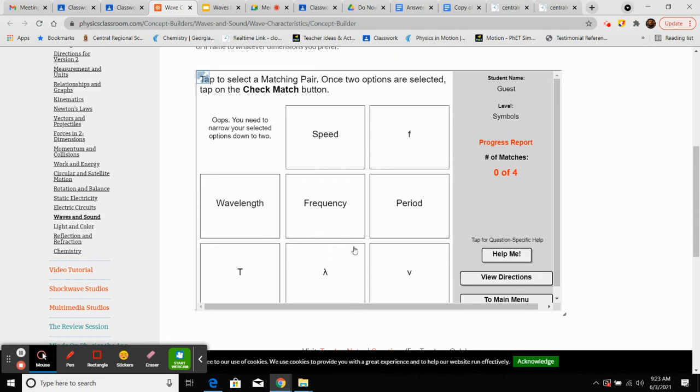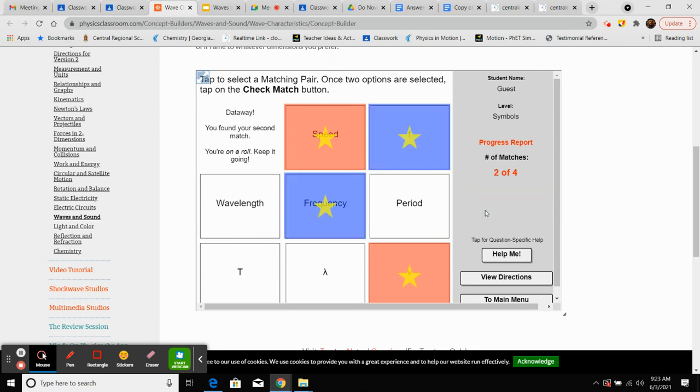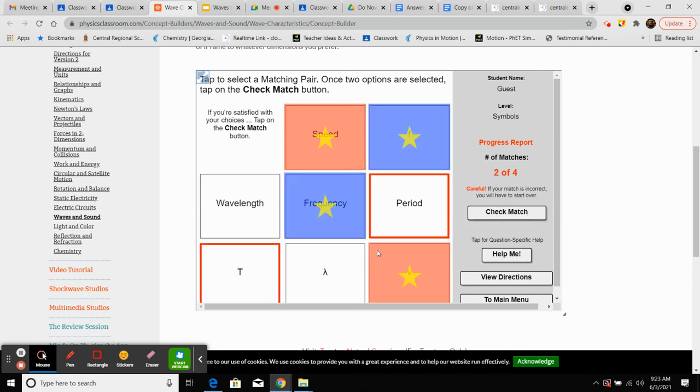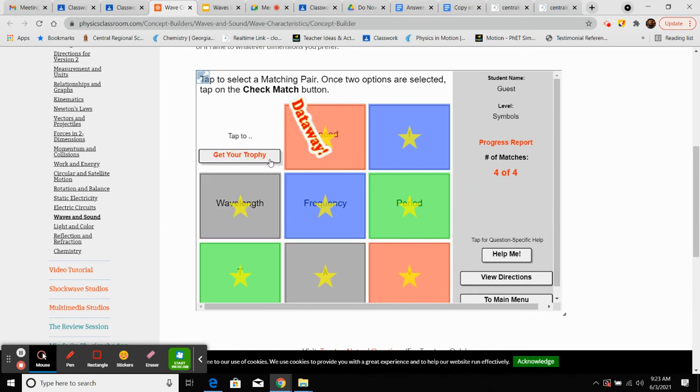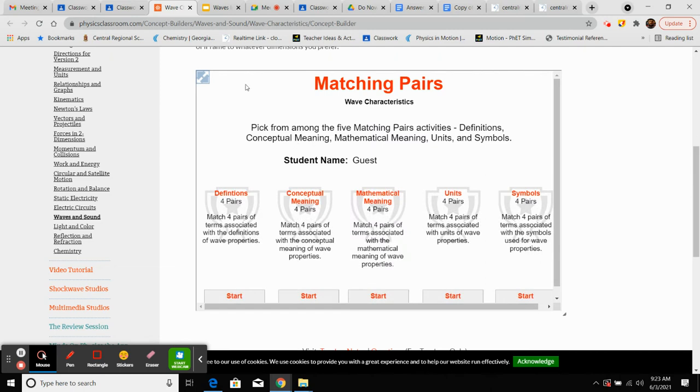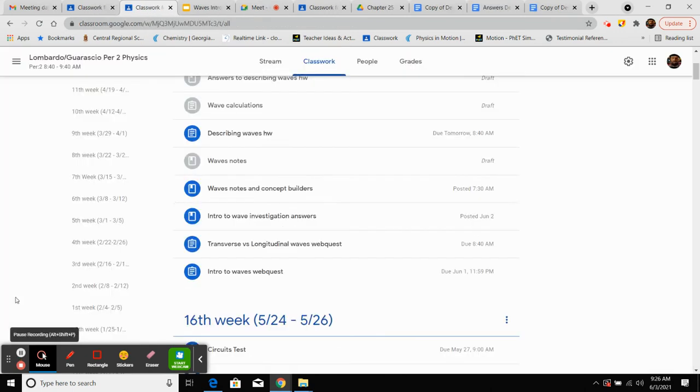Speed is V. Good. Frequency should be kind of obvious. Yeah. Period is T, and lambda is wavelength. What's that called? It's called lambda. Okay, good. So we got through those.